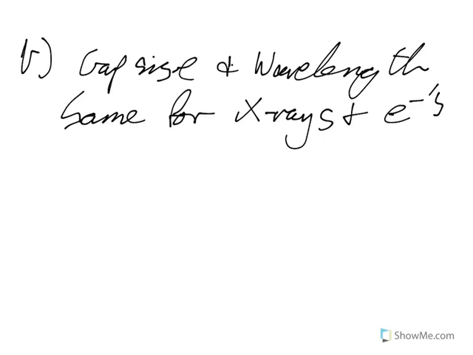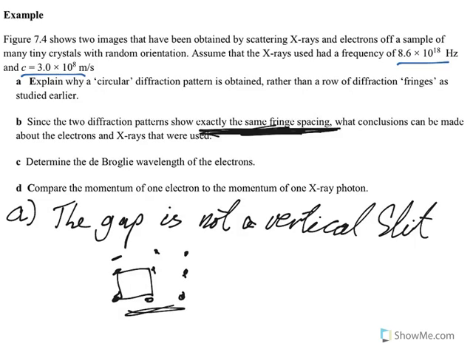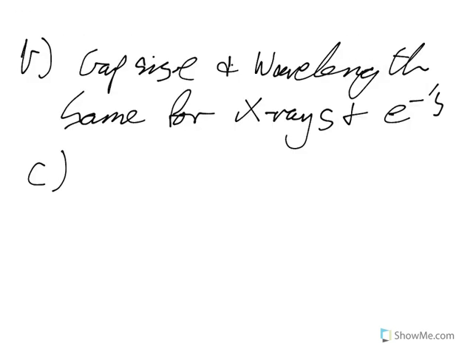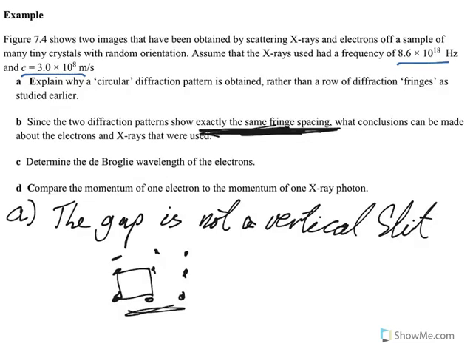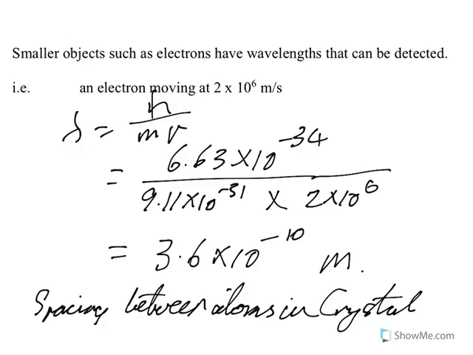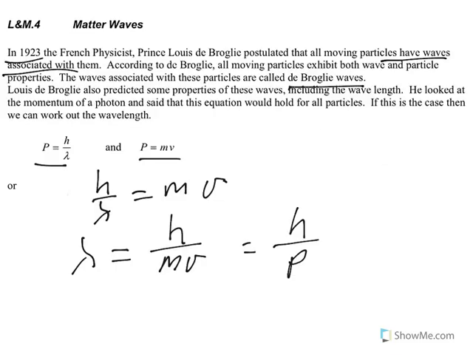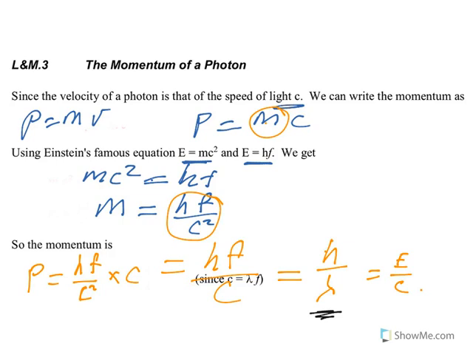Alright, and then C. C says determine the de Broglie wavelength. So the wavelength, one of the versions, let's go back here. Oh, going back a few pages. Here we go.